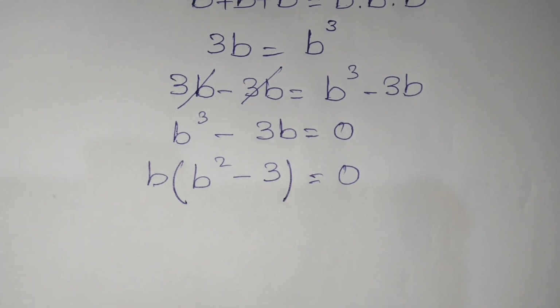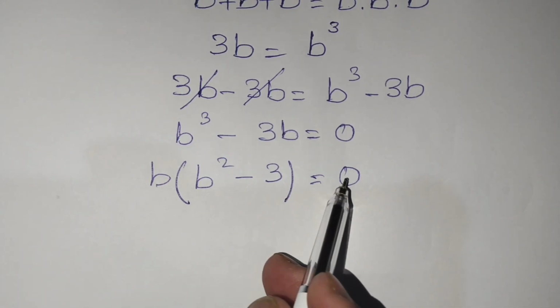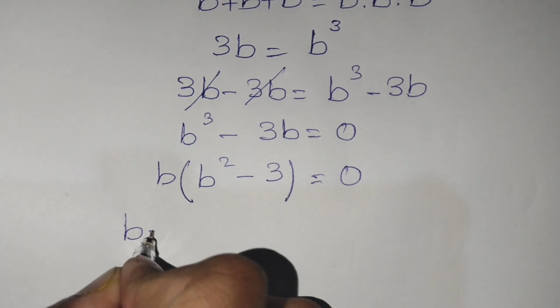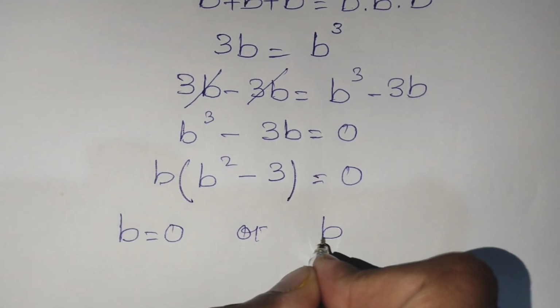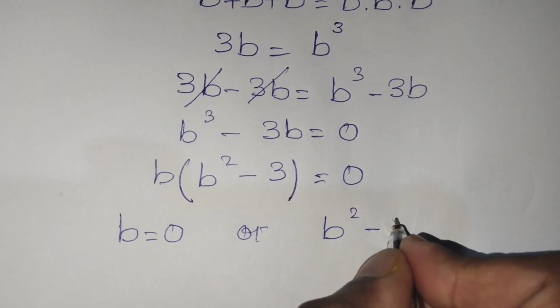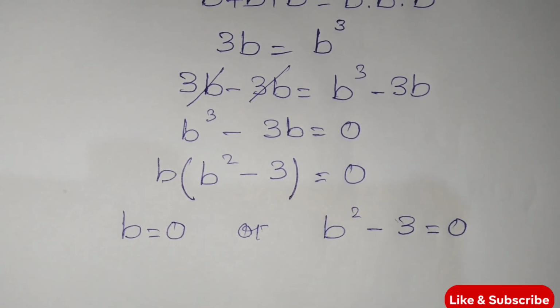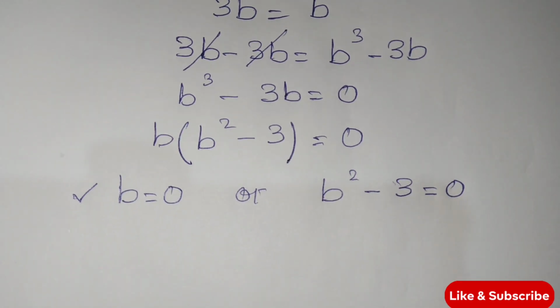Now either this will be equal to 0 or this whole will be equal to 0. So b equals 0 or b square minus 3 is equal to 0. First we have this value of b, which is 0.